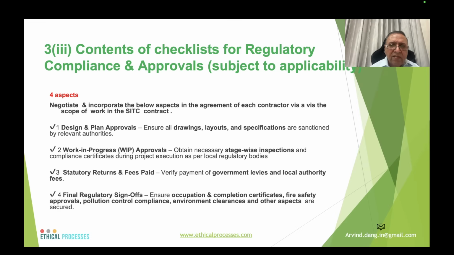Obtain necessary stage-wise inspection and compliance certification during project execution as per the local regulatory bodies. Statutory returns and fees paid. Verify payment of government levies and local authority fees, and final regulatory sign off. Ensure occupation certificates, etc., particularly in the context of the real estate industry. Fire safety approvals, pollution control compliances, and environmental clearances and other aspects are secured.